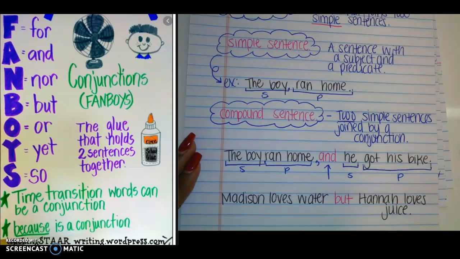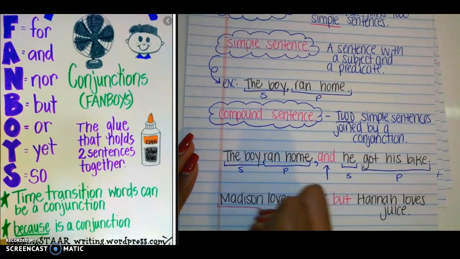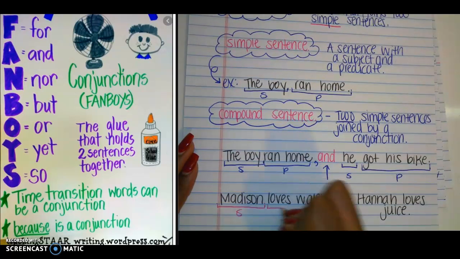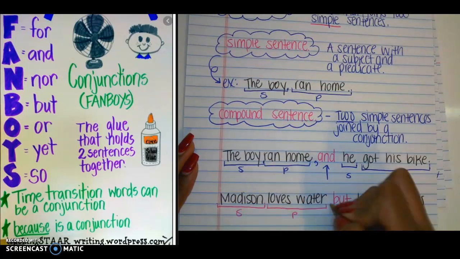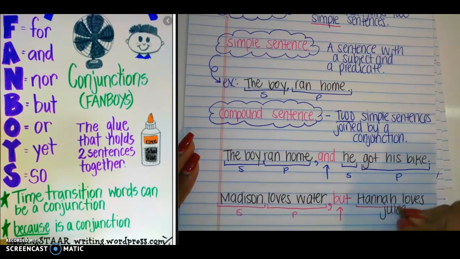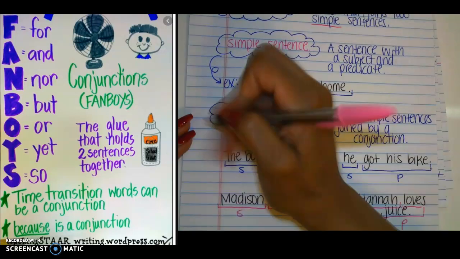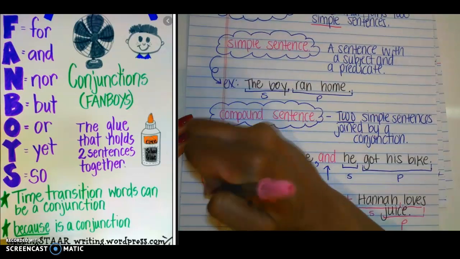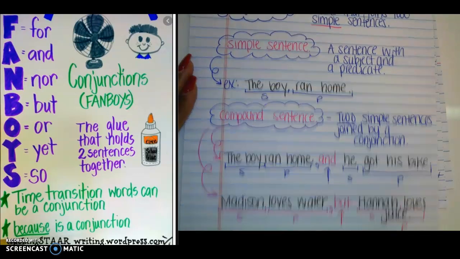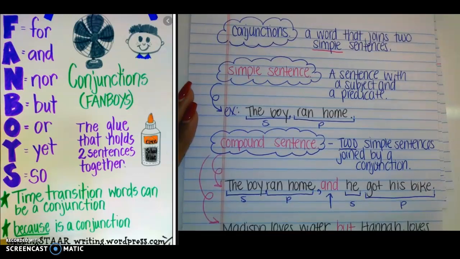Okay, so what do we have? We have a subject. We have a predicate, comma, conjunction. We have a subject, and we have a predicate, even though my predicate is broken up over there. So these are examples of compound sentences, and that is how you use conjunctions.